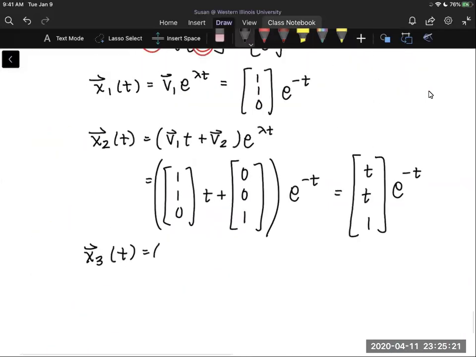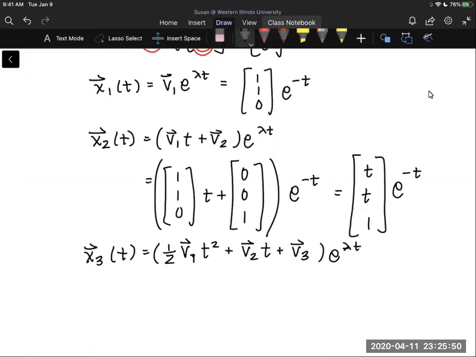All right, so we have 1/2 v1 t squared, let's put in our t, and then plus v2 t plus v3 e to the lambda t.